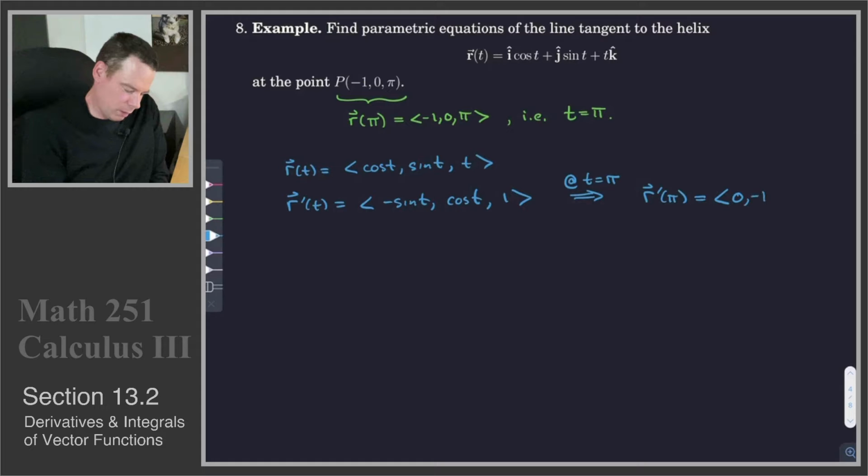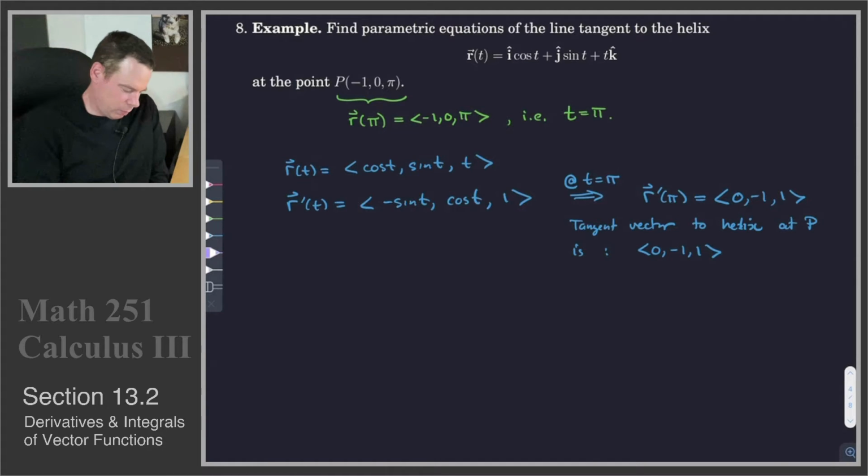Cos of pi is -1, and the third component is 1. So that tells me then that the tangent vector to the helix at P is that vector there, 0, -1, 1.